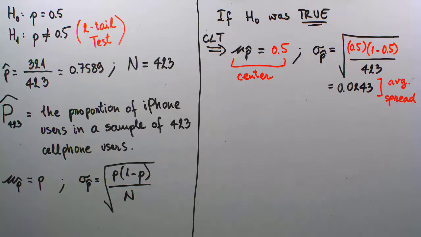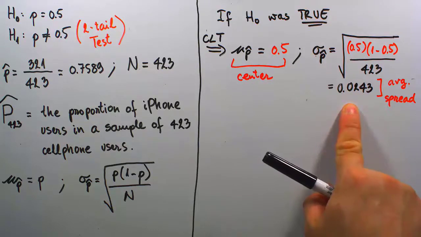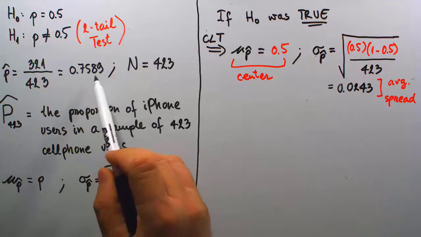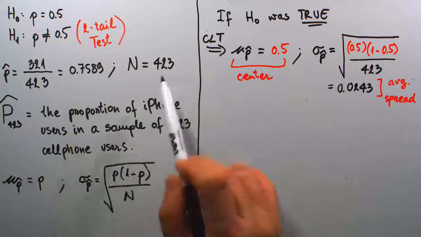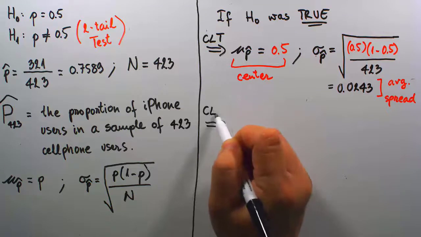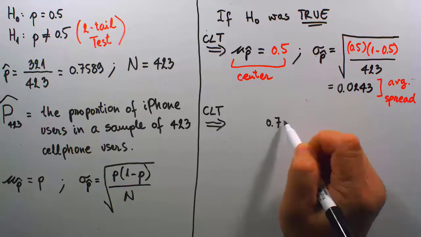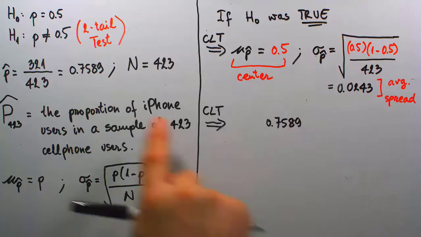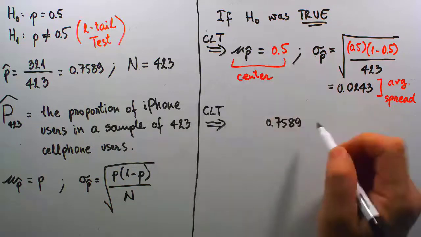And now that we have the center and the average spread of all sample proportion values, again realizing that our sample here is only one among infinitely many other sample proportion values at the same sample size, then a further consequence is that from where our sample stands, being 0.7589, among all other samples, relative to the center here, we're going to take the difference.